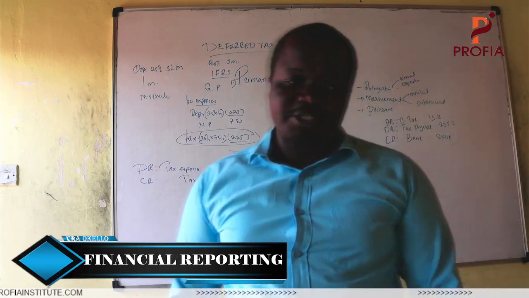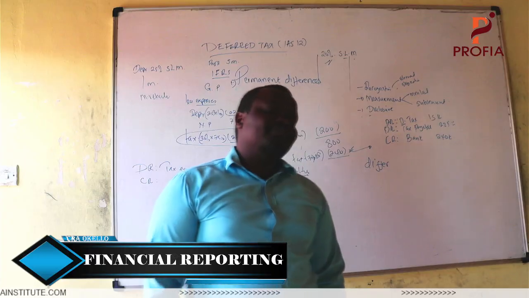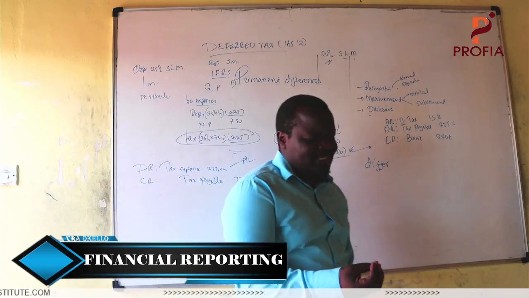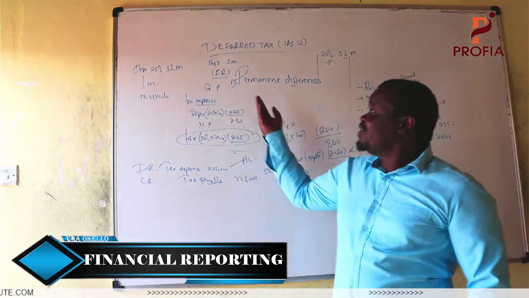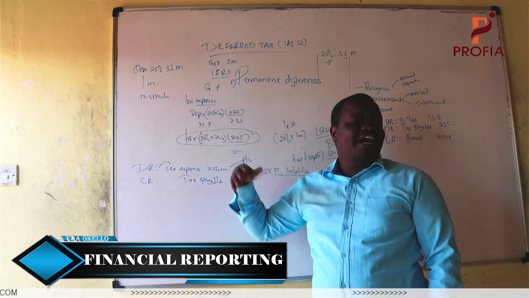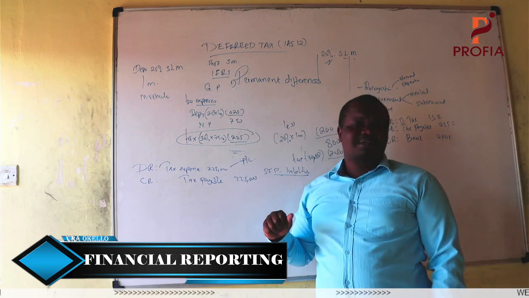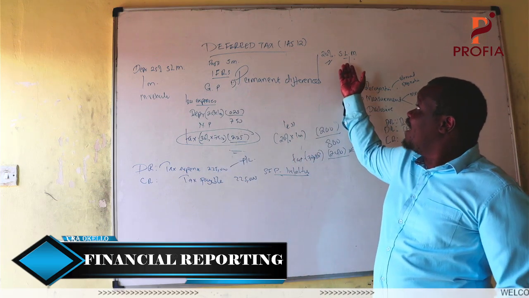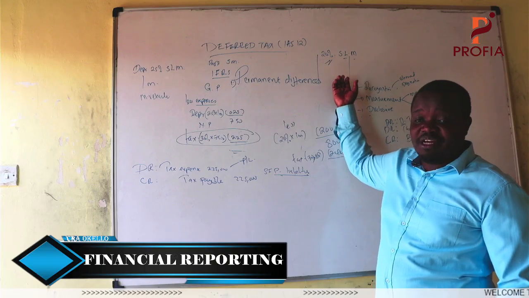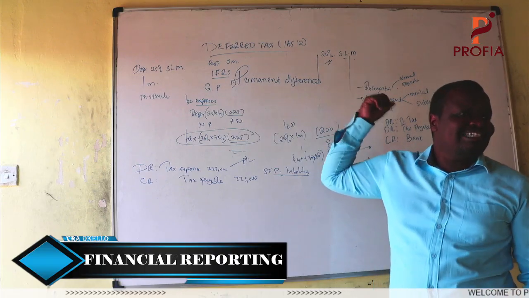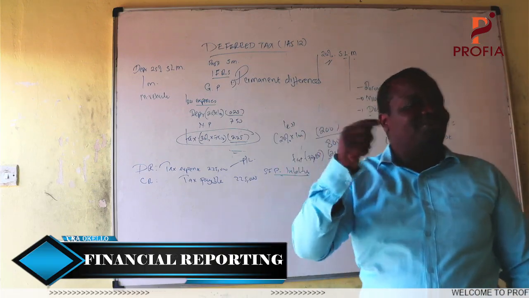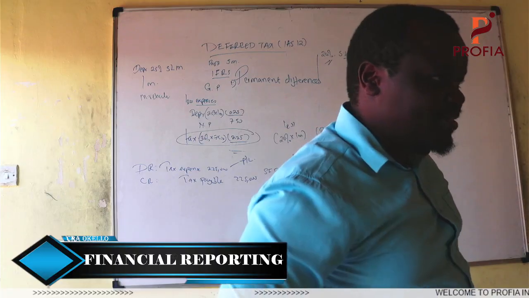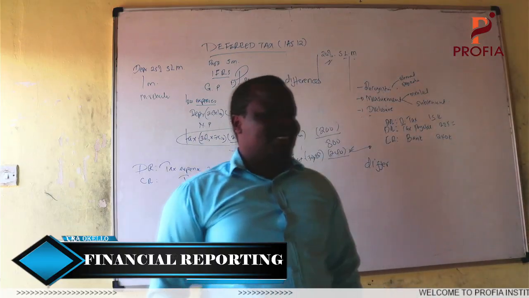If you are doing taxation, you'll realize one thing. There are some expenses that according to IFRS standards are allowed. But when you go to the Commissioner of Domestic Taxes, he will tell you, I cannot allow those expenses to reduce your profits. One of them is fines and penalties.